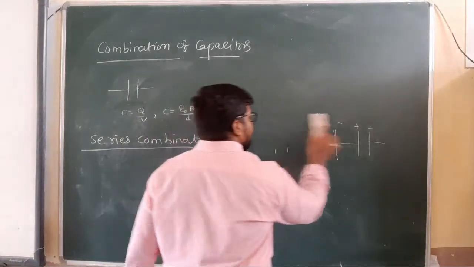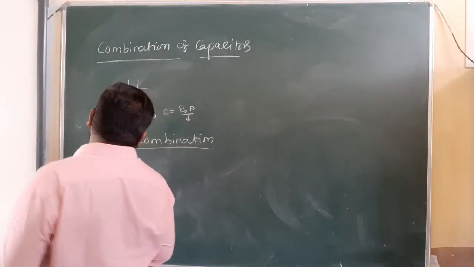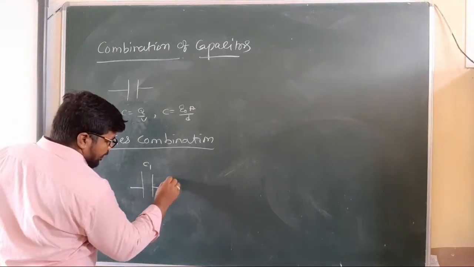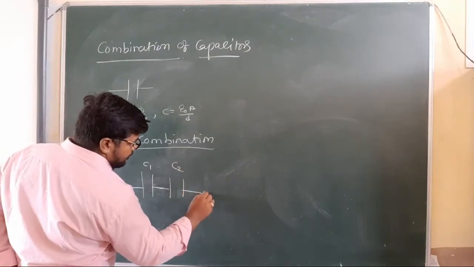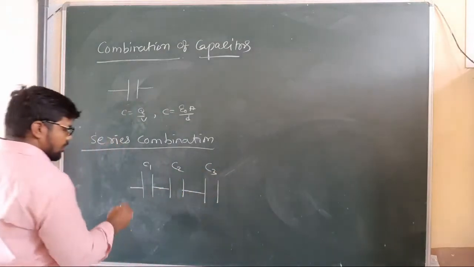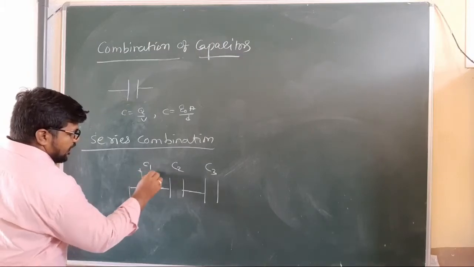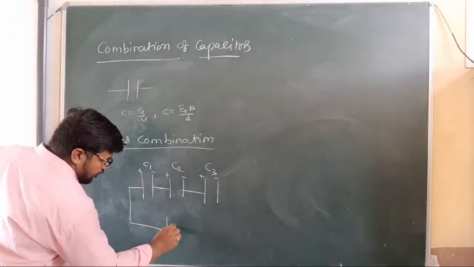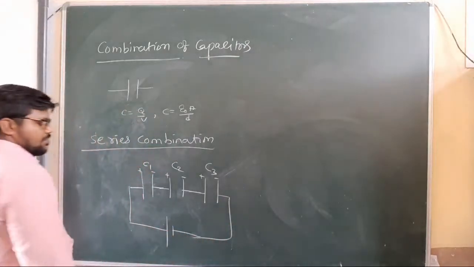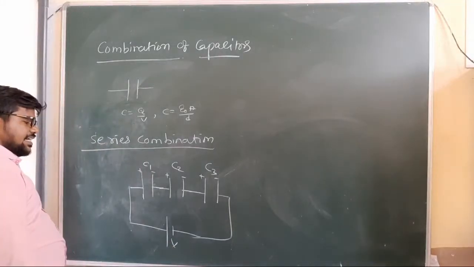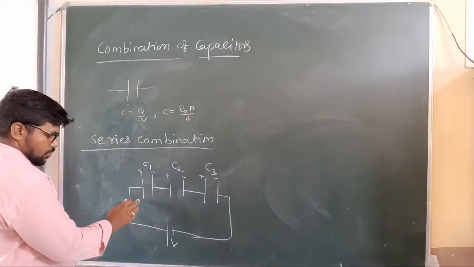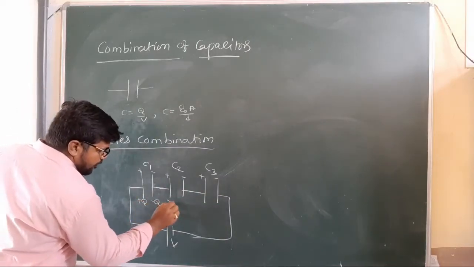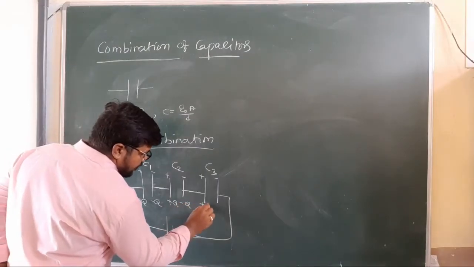Clear, my children? So consider three capacitors: capacitor 1, capacitor 2, capacitor 3. Positive, negative, positive, negative, positive, negative. Here we apply a battery potential, denoted V. Throughout the series circuit, the charge is Q plus, Q minus, Q plus, Q minus, Q plus, Q minus.